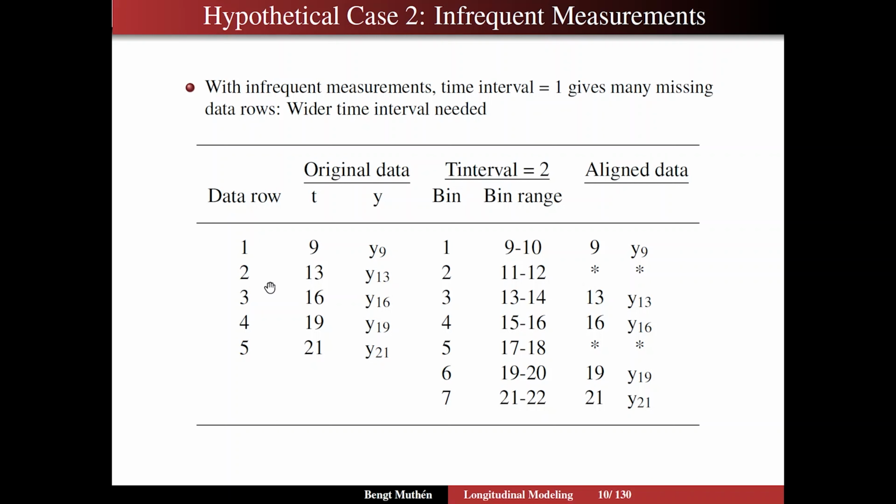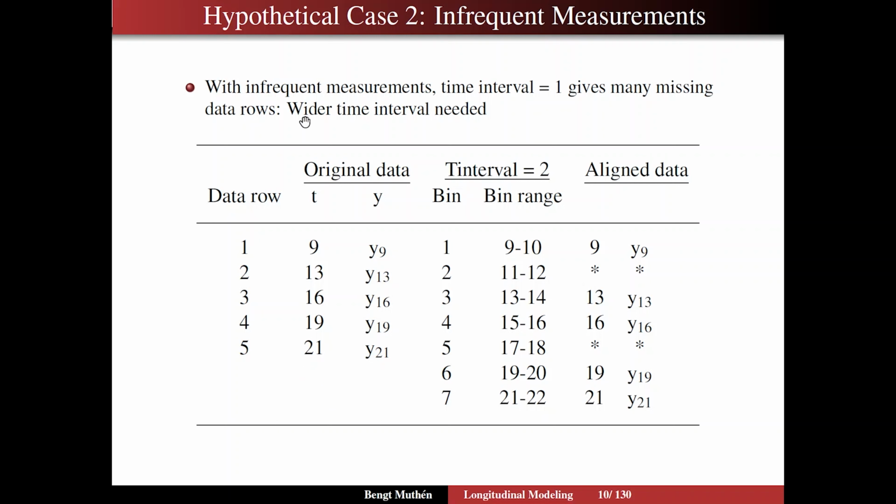So with 1 hour time interval, we would have missing data rows for 10 o'clock, 11, and 12, and then 14 and 15, and then 17 and 18, and then 20.